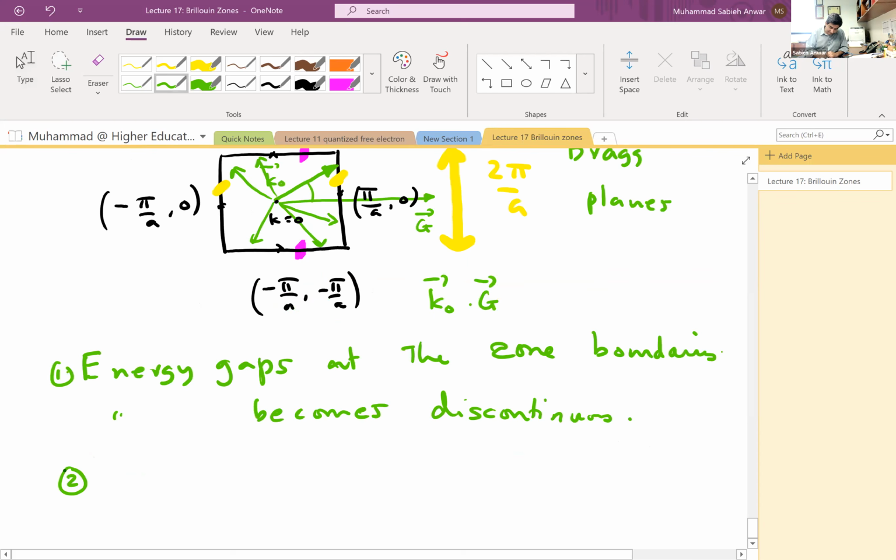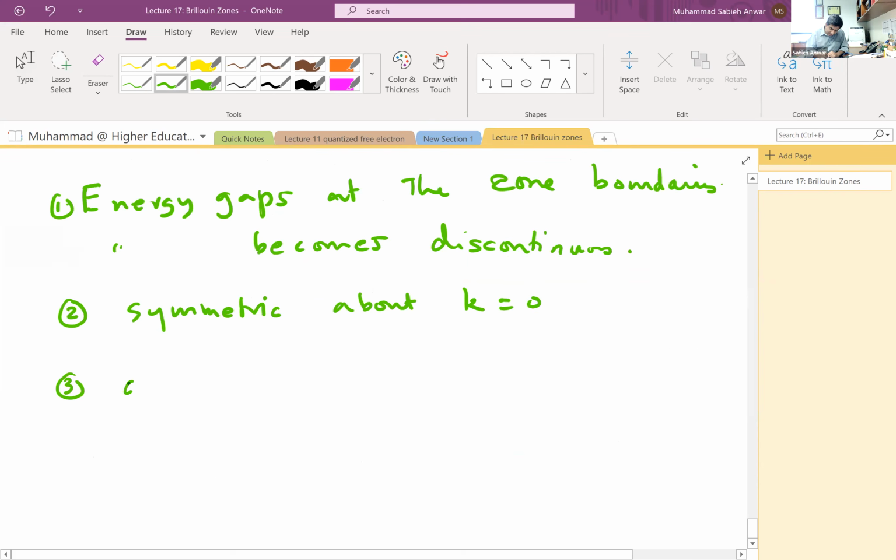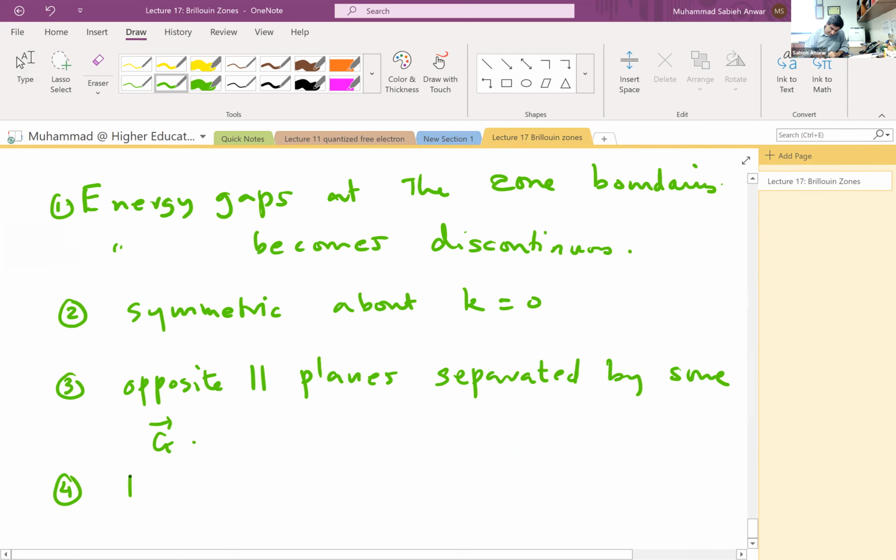The first Brillouin zone is symmetric about k equals 0. It has opposite parallel planes separated by a reciprocal lattice vector. Something which is slightly more complicated is that the first Brillouin zone has the same symmetry as the lattice.